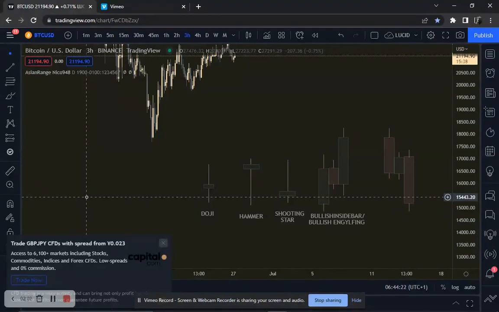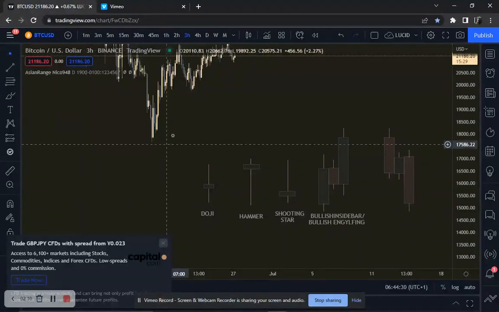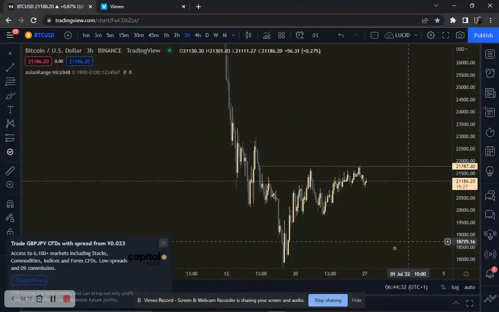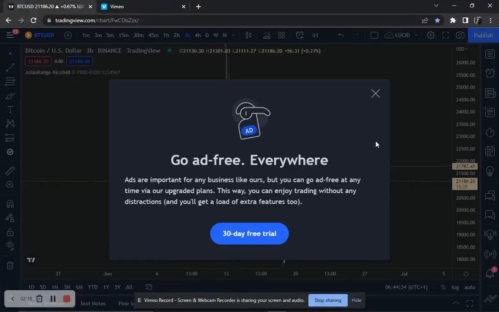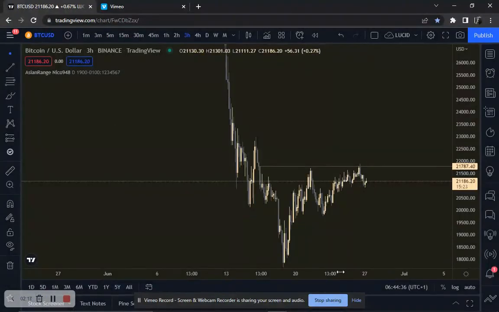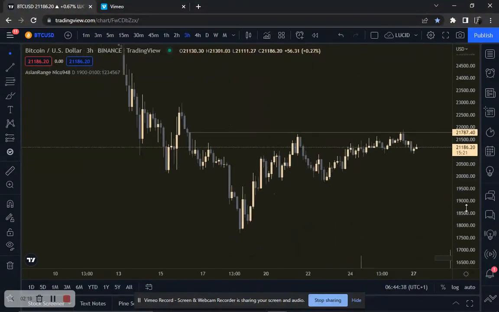So, in financial technical analysis, a candlestick pattern is a movement in price shown graphically on a candlestick chart. So, this is our candlestick chart right here. We have our candlestick chart. So, all these are candlesticks.